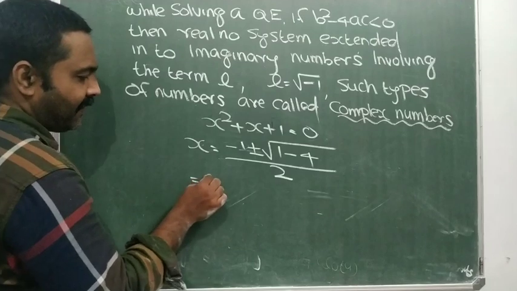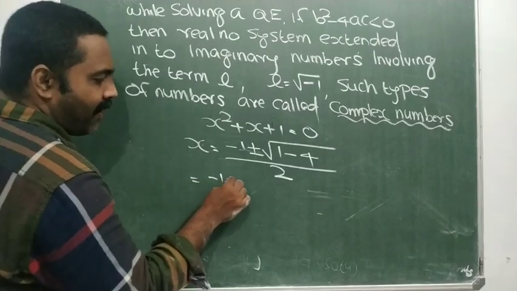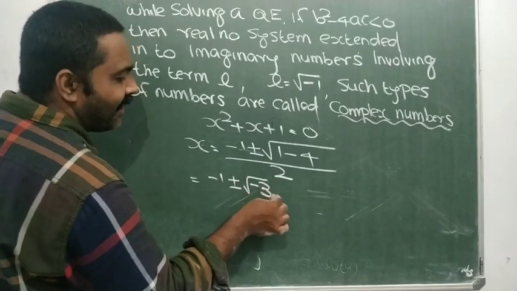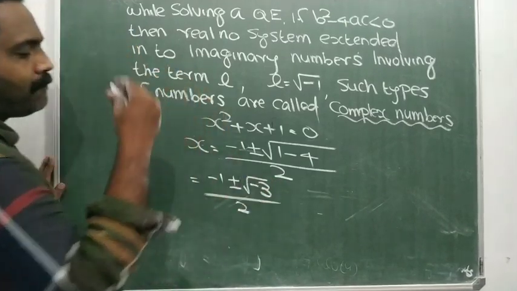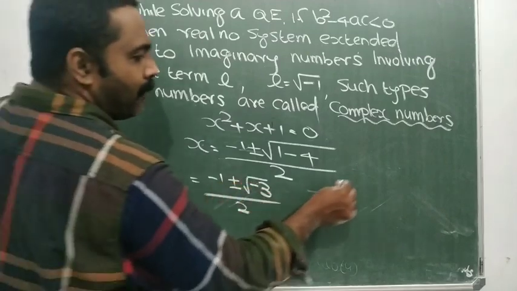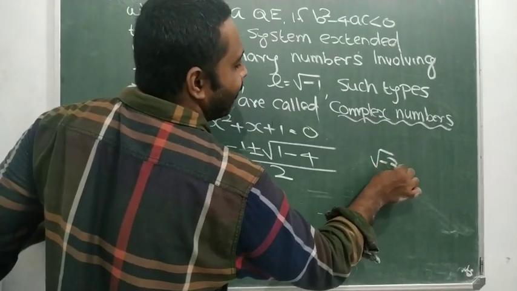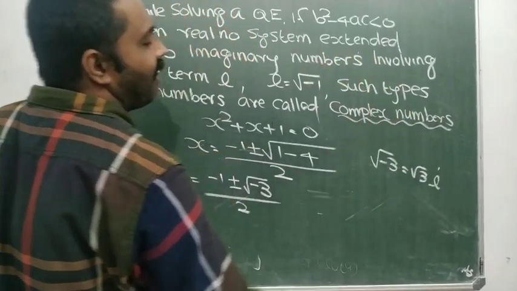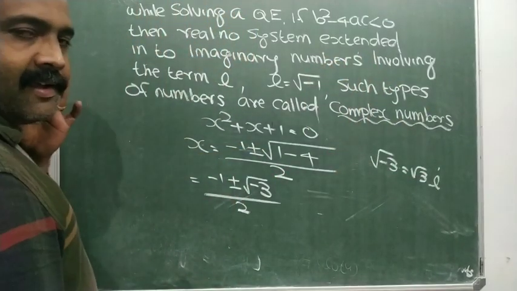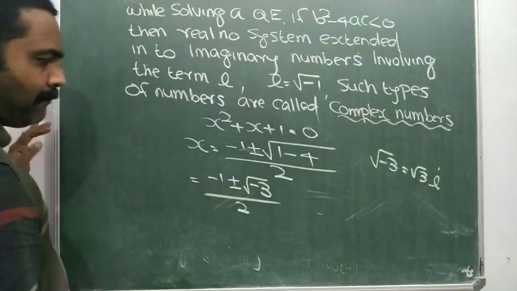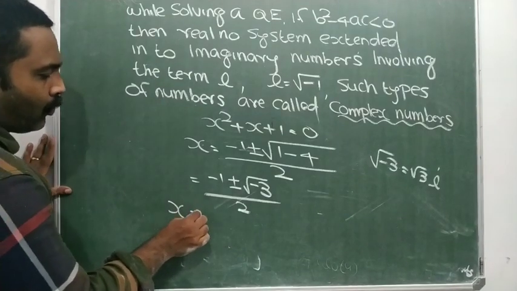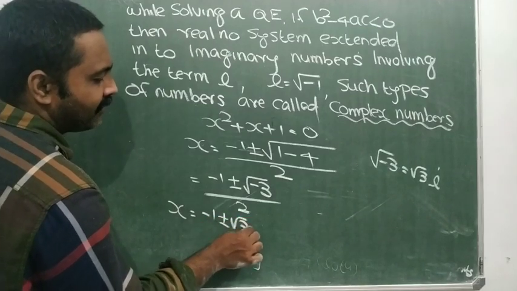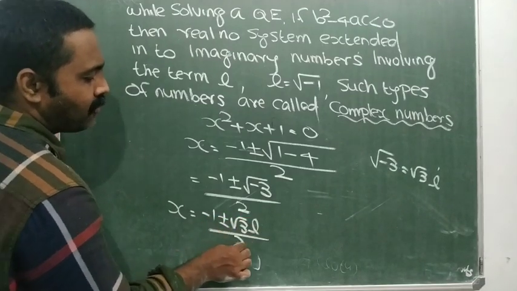Then x is equal to minus 1 plus or minus root minus 3 by 2. What is root minus 3? Root minus 3 is equal to root 3i. Already wrote in the previous problem. x is equal to minus 1 plus or minus root 3i by 2.